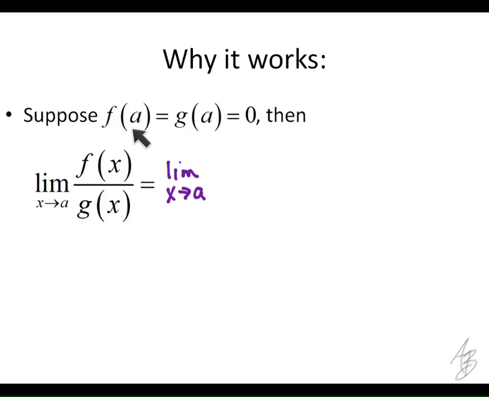Remember that we said that f of a and g of a are both equal to 0. So I'm going to start this by rewriting this as f of x minus f of a. Did I change anything on top when I did that? Instead of f of x by itself, now I have f of x minus f of a. Did I change anything?